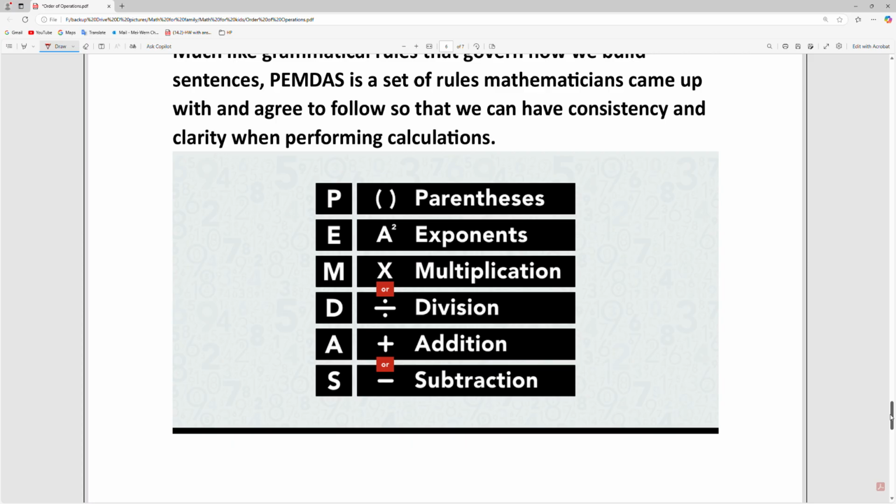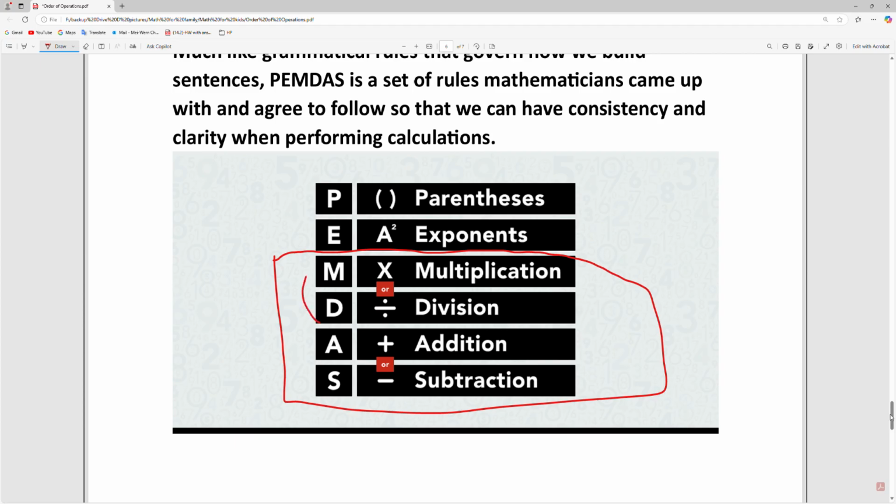First, you should take care of the parentheses. And after you take care of the parentheses, you take out the exponent. I'm making this video for young kids, so you probably have not learned what exponents are yet. That's okay. And then when you don't see parentheses, you will see 4 operations left.